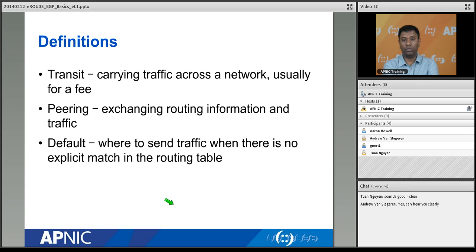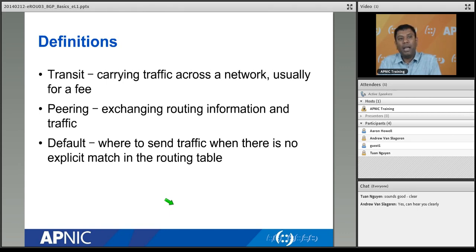To allow the traffic to go from one side to the other, they charge a fee. That's what we call transit, and it is normally based on fees, since you are allowing traffic to go from one side of the network to the other.